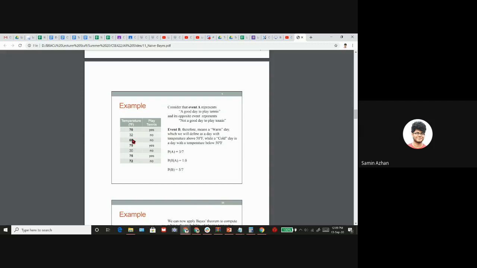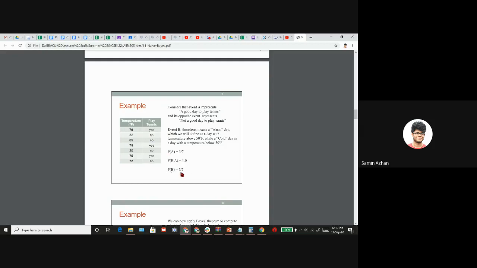The first one is 70, the second one is 75, and the last one is also 75. So the probability of temperature being warm given play is yes is 1, because in every case it is warm. Basically 3 divided by 3, which is 1.